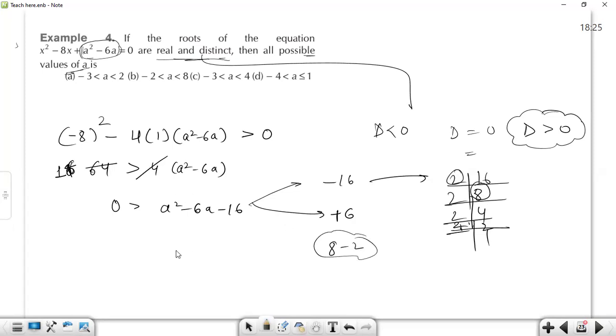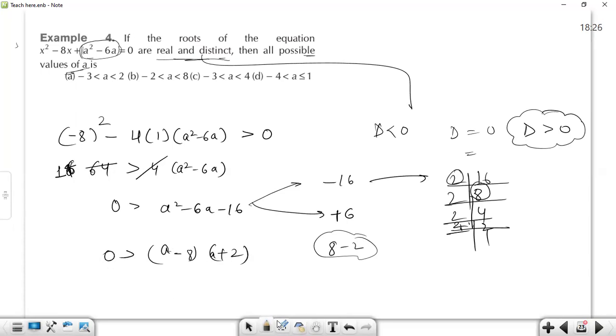So we can write it further. And if you are experienced enough, you can directly write that a should be with positive 8, so a minus 8, and if the root is negative 2, it will be plus 2 here, a plus 2.